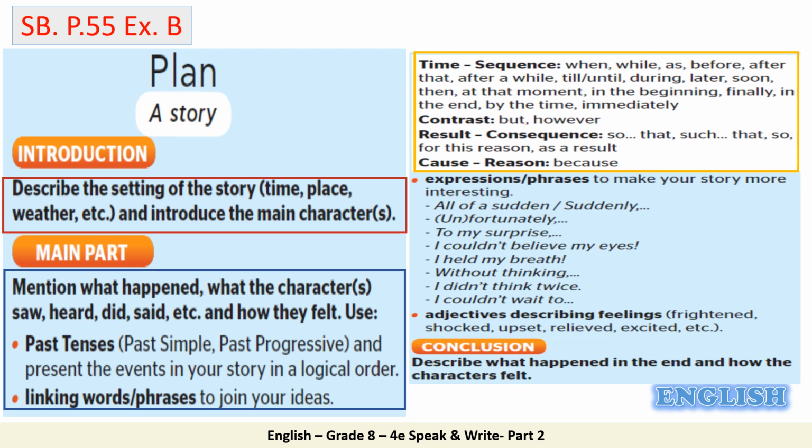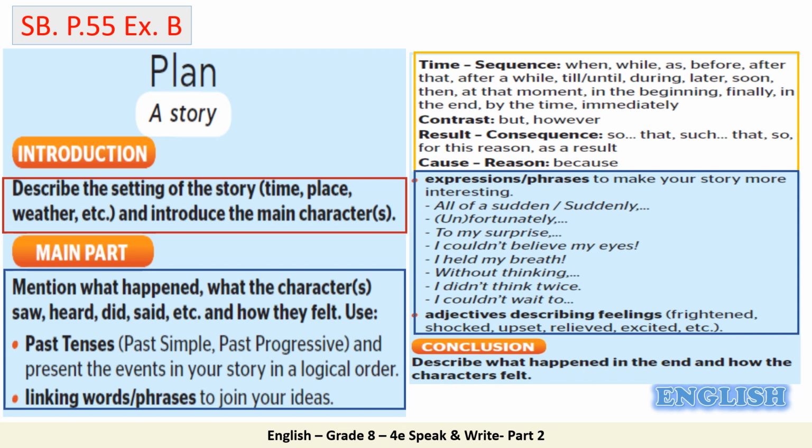If you're going to speak about contrast in your story, like 2 opposite or 2 different ideas, you need to use the word but or however. If there is a result or consequence in your story, try to use so that, such that, so, for this reason, as a result. For cause and effect reasons, you can use the word because. So if you're talking about a reason or a cause, why did it happen? You need to use the word because.